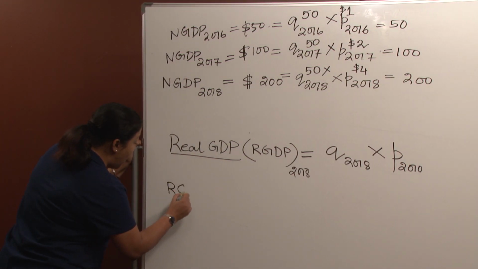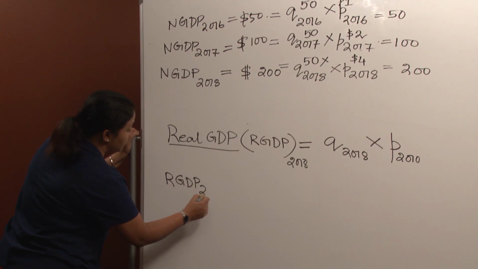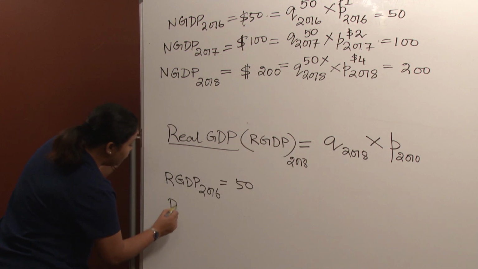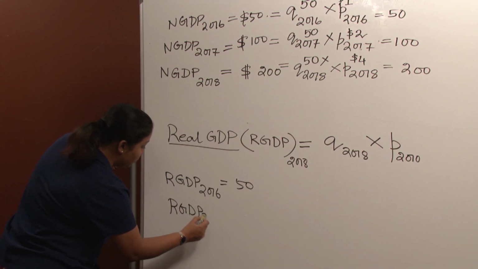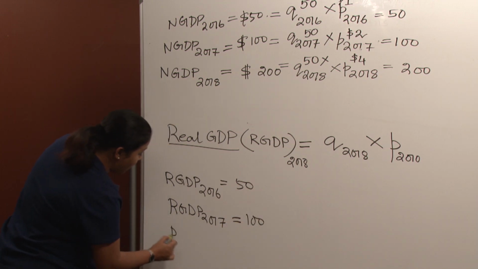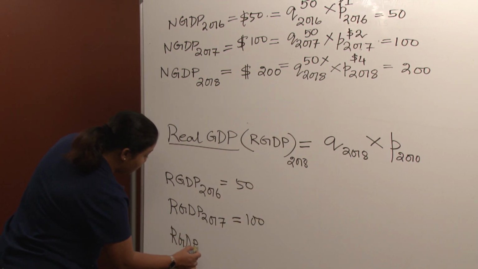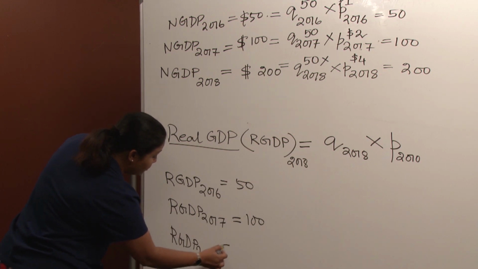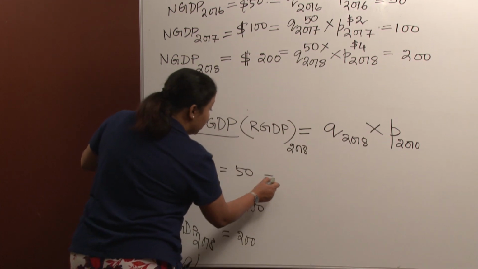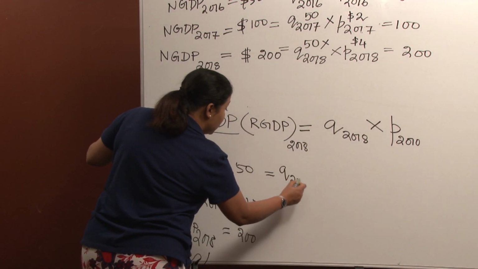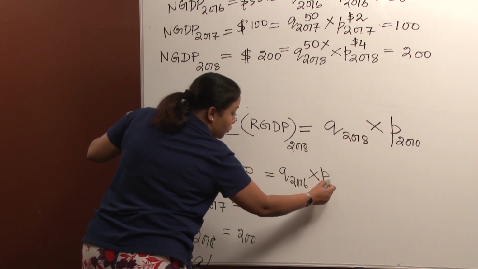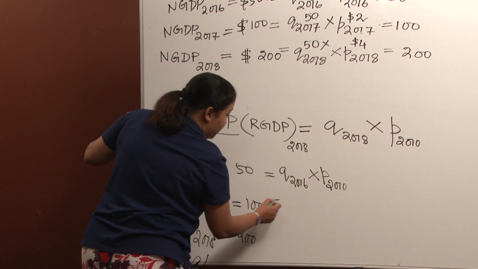Let's say our GDP 2016 is 50. Our GDP 2017 is 100, and our GDP 2018 is 200, right? Now what this really means is we are taking the quantity of 2016 but multiplying it by the prices of the base year, which for us is 2010.